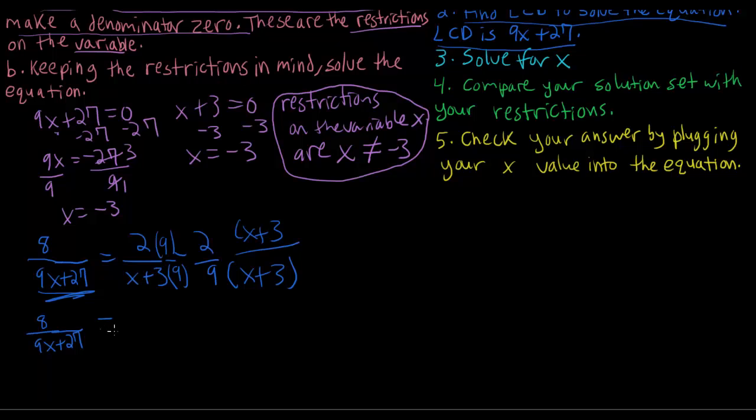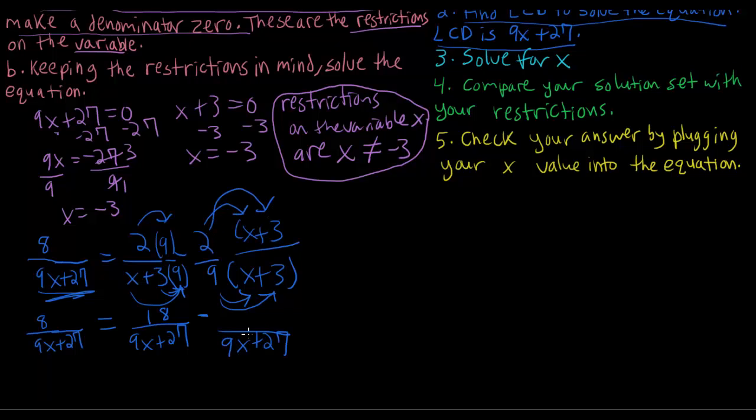So we know 9 times 3 is 27. X times 9 is 9x. So we have 9x plus 27. And we have 2 times 9, which is 18. Then we have 9 times x, 9x. 9 times 3, 27. So 9x plus 27. And then it's minus 2 times x is 2x. 2 times 3 is 6.